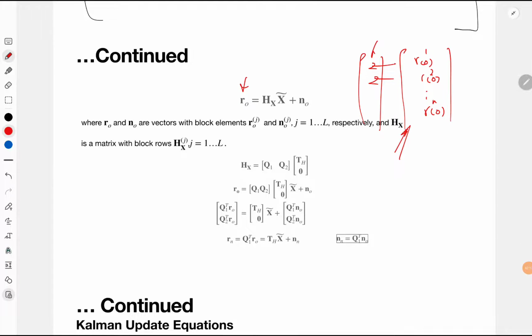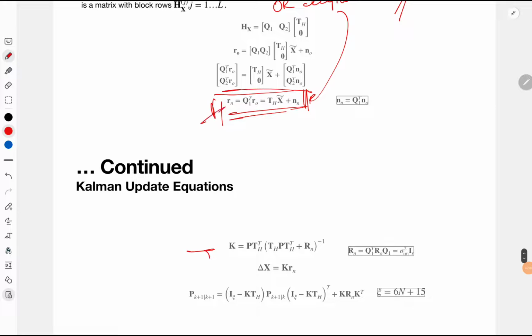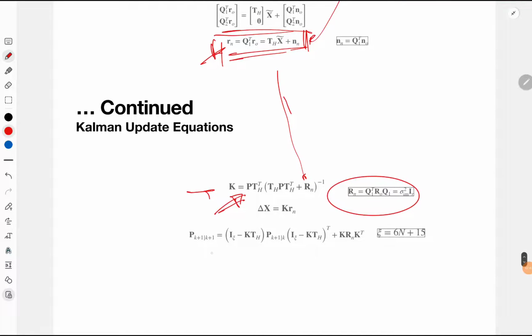For better implementations, you take the QR decomposition, and using the QR decomposition you formulate this final update. And then you just use these R, n, and the covariance that you calculate like this for your Kalman gain, and from the Kalman gain you get the delta x.